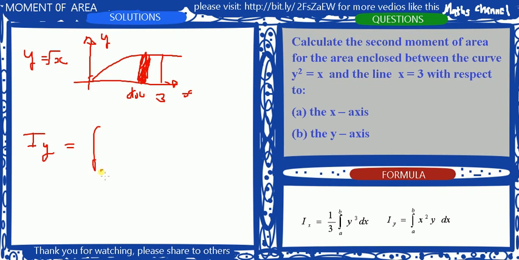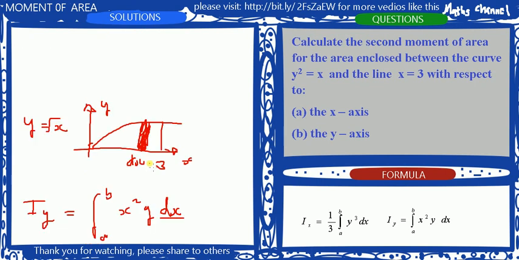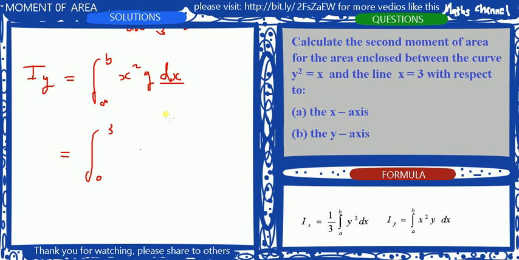So we have a and b as our limits according to the equation with dx, and then substitute the value of y. Our limits are 0 and 3. We take 0 and 3 because the strip tells us that our limits must be in the x-axis, because the strip is in the x-axis. If it was dy, we would take the limits of y.